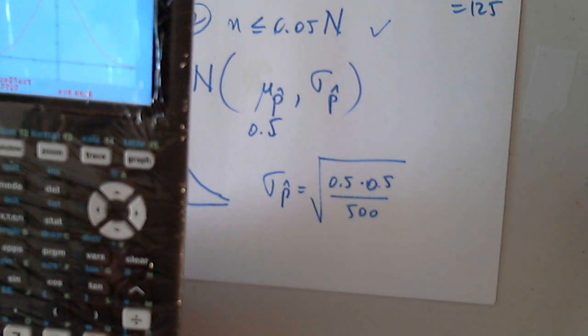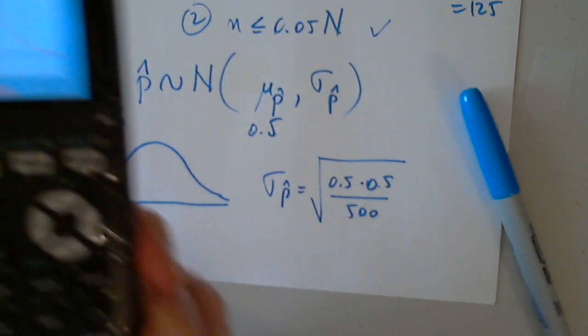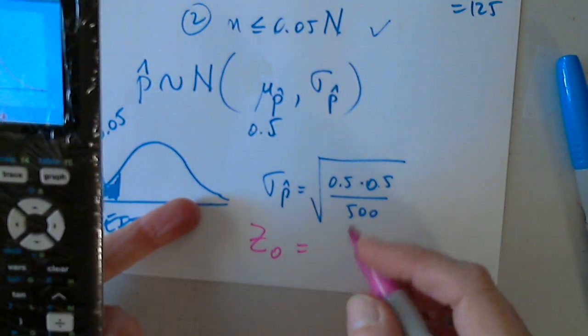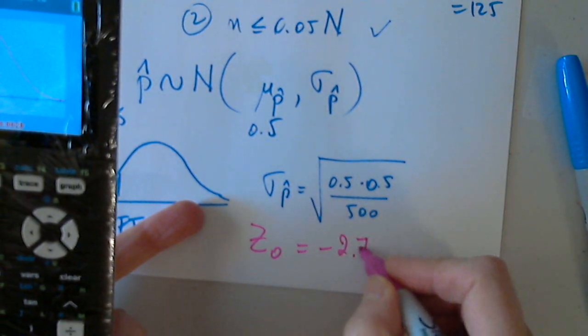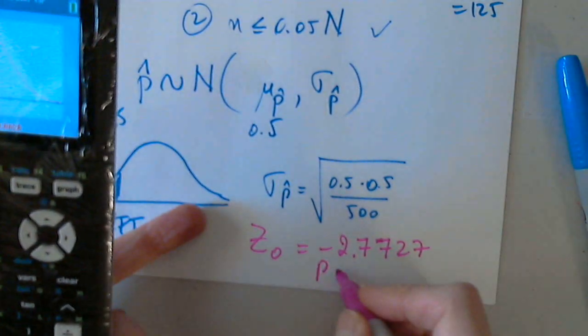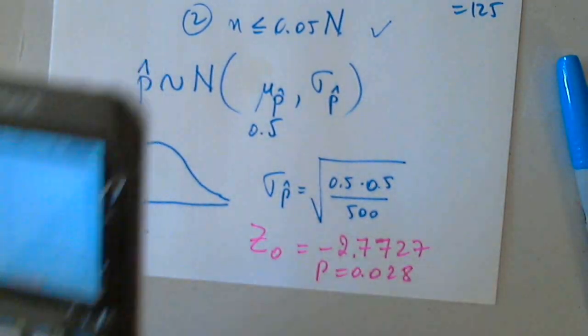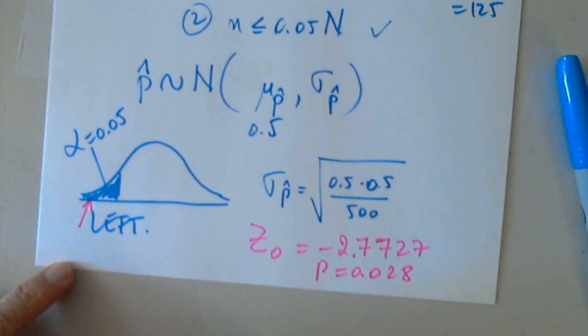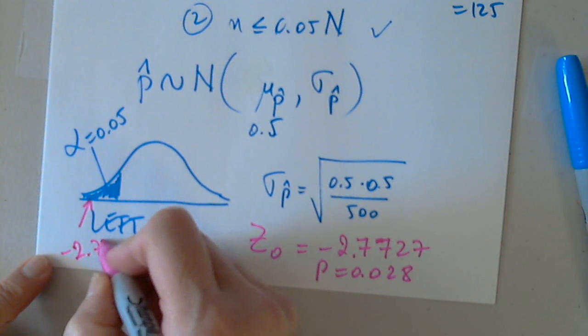So the Z statistic, or Z0, as it is in your book, is negative 2.7727, and I already obtained the p-value 0.028. So the Z statistic is right here somewhere, negative 2.77.